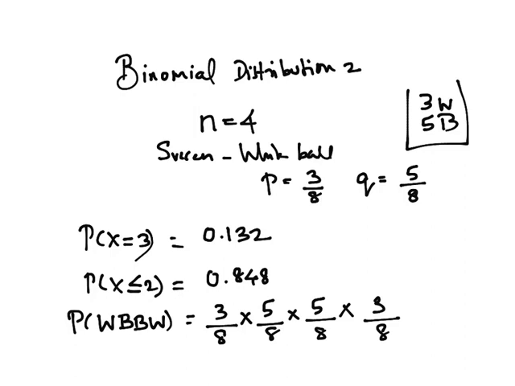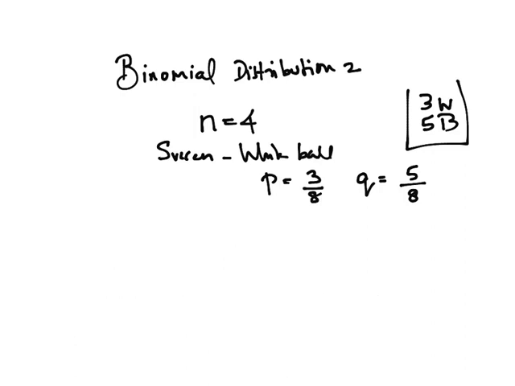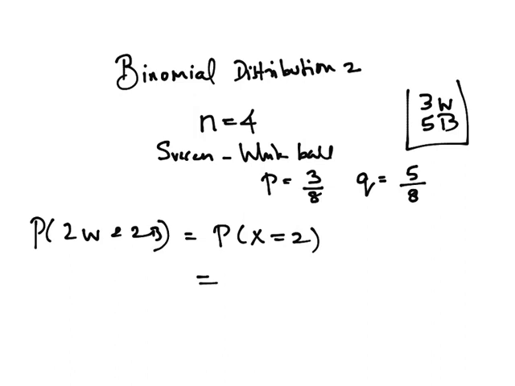So basically P of 2 white and 2 black is nothing but P of X equal to 2 white balls. So you can go to distribution, binomial, go to BPD and put X as 2, and then you get 0.3295, so 0.330 as the answer. Very simple question.